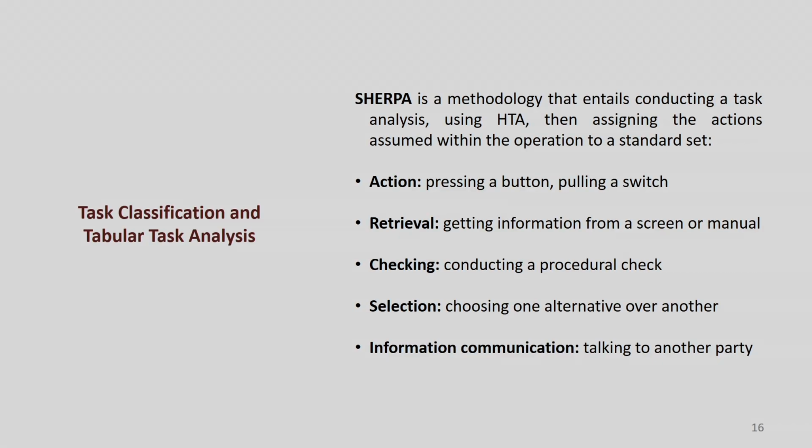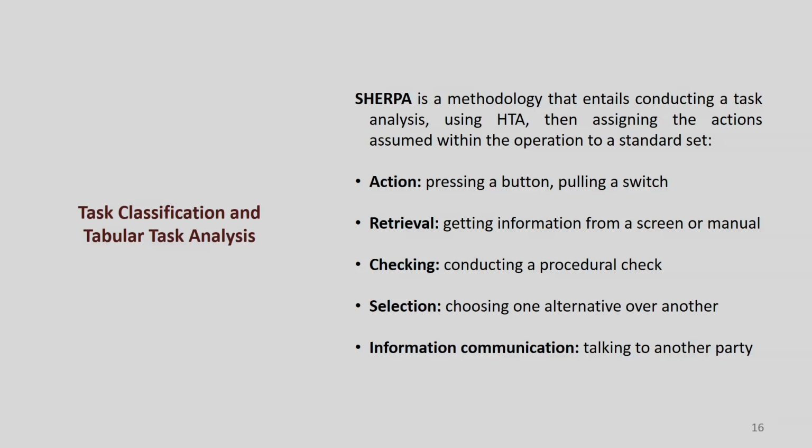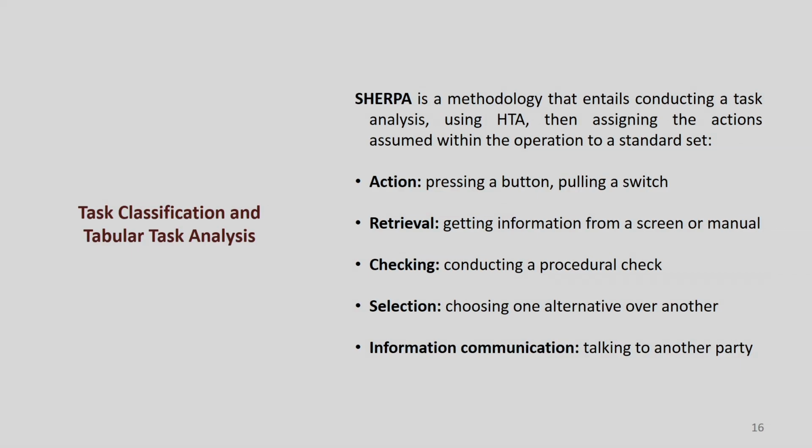So, what does action mean? The kind of activity or operation a human being is doing is action. Then retrieval is getting some information from a particular screen, manual or any other source. Checking is conducting a procedural check, like if it is an established process, I need to know what it is, so I will do the check.